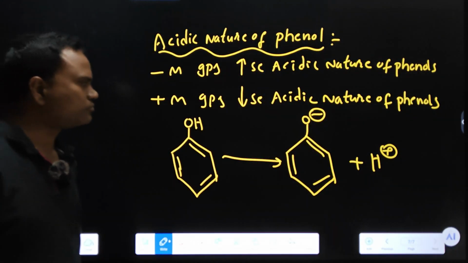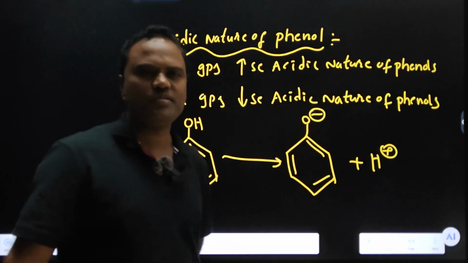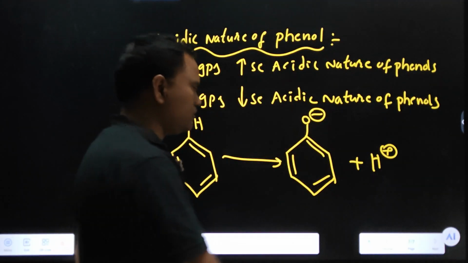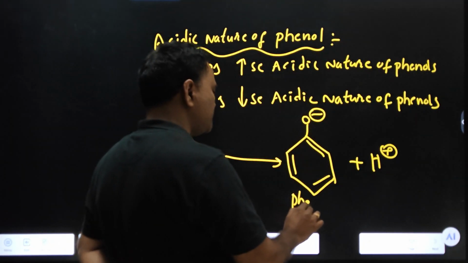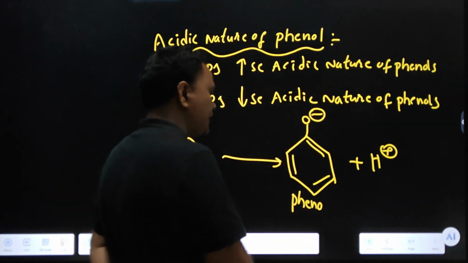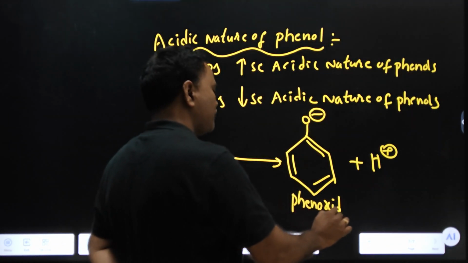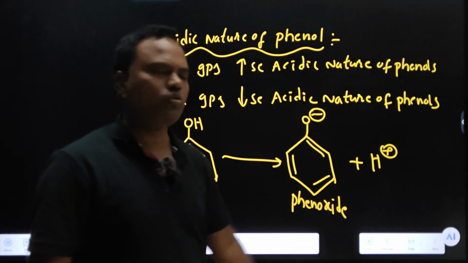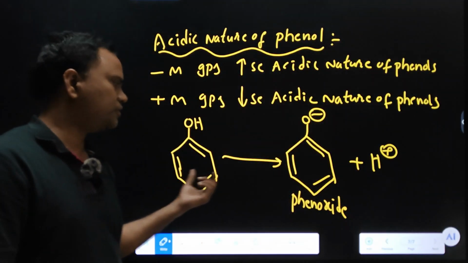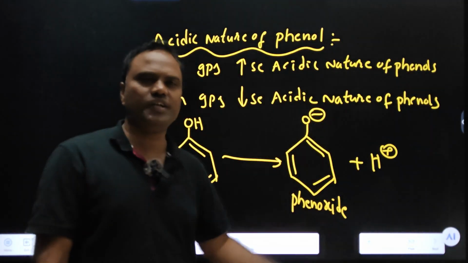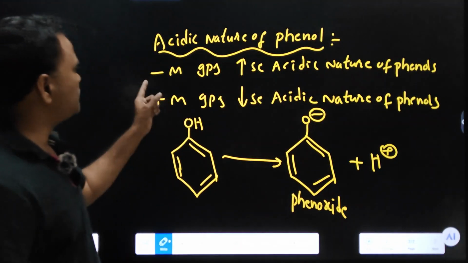This is the conjugate base, phenoxide ion. What is a conjugate base? The negative ion formed after removal of H plus from the acid is called the conjugate base, phenoxide ion.